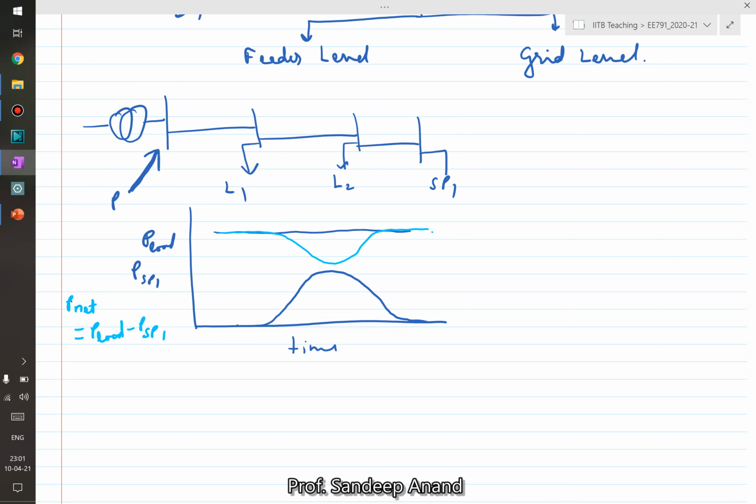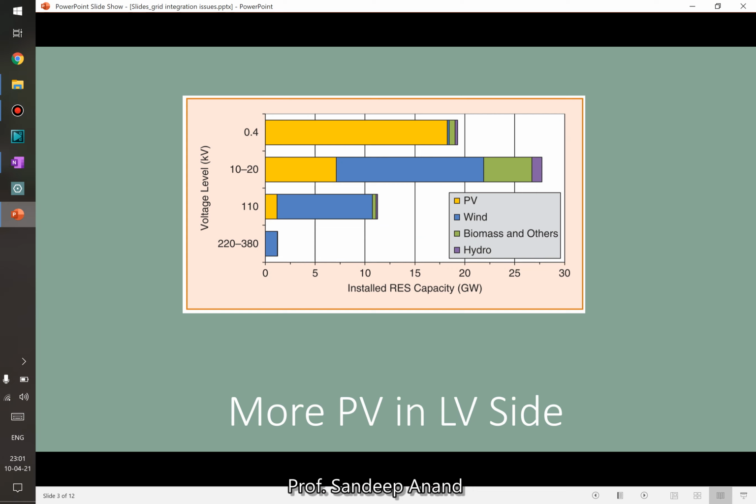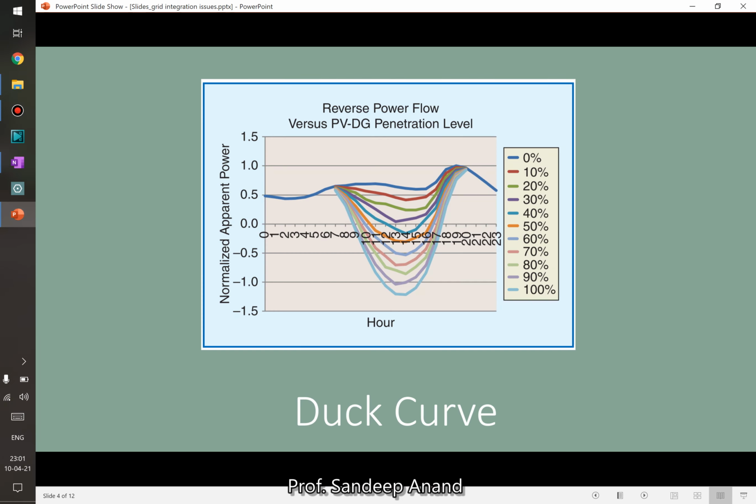In fact, the actual graph is a little bit different from this. It's not flat, so the actual graph looks something like this. I'm showing you another picture from one of those articles, which gives us an indicative graph. The line corresponding to 0% is the load requirement of a particular feeder, and it is varying during the day.